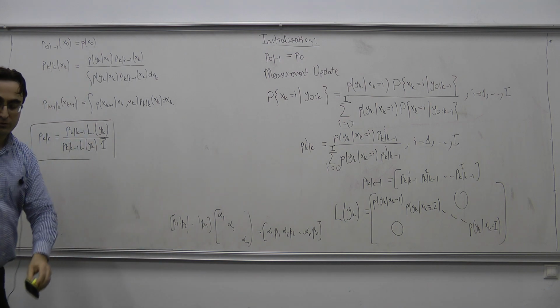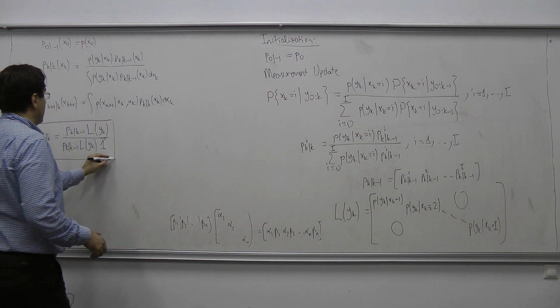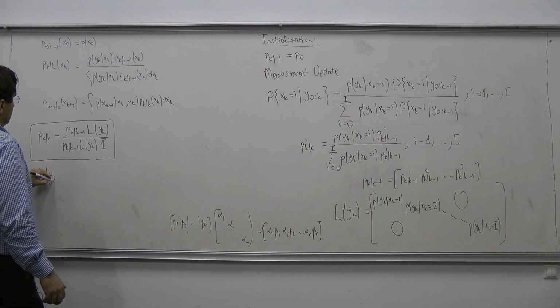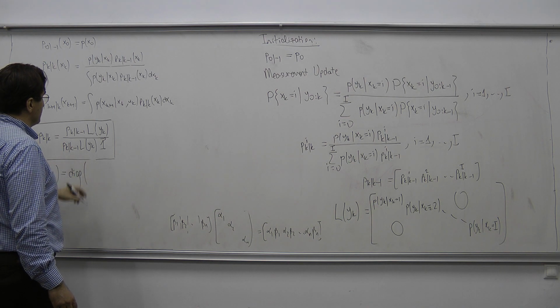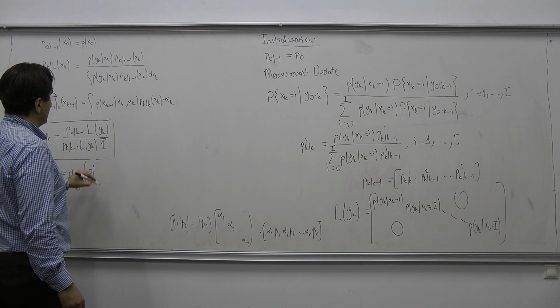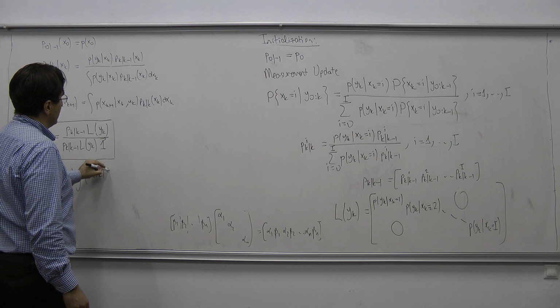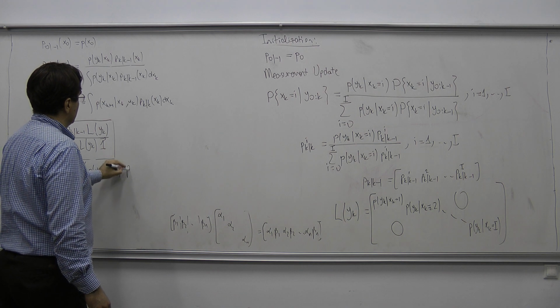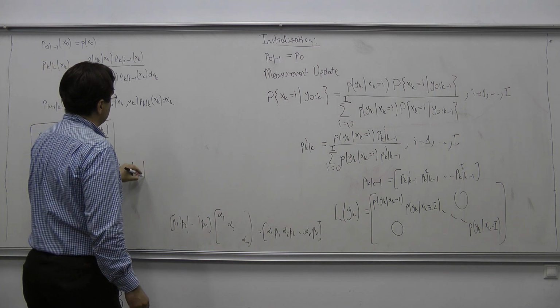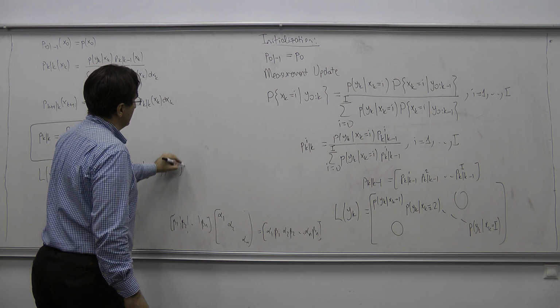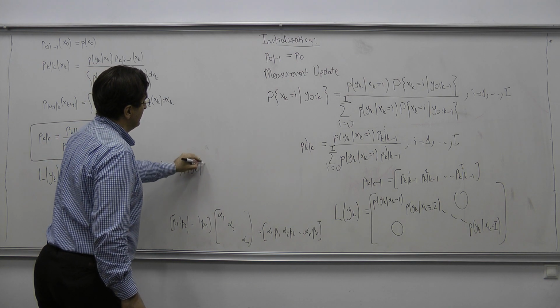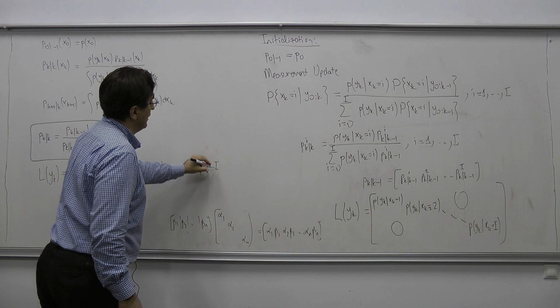So here I can actually write this L of y_k. Whatever y_k is, this matrix is going to be a diagonal matrix which is formed out of the elements p(y_k | x_k = 1), p(y_k | x_k = 2), going until p(y_k | x_k = I).